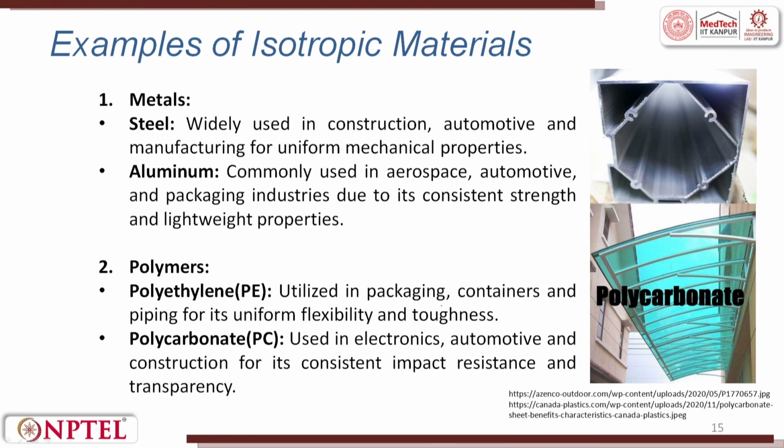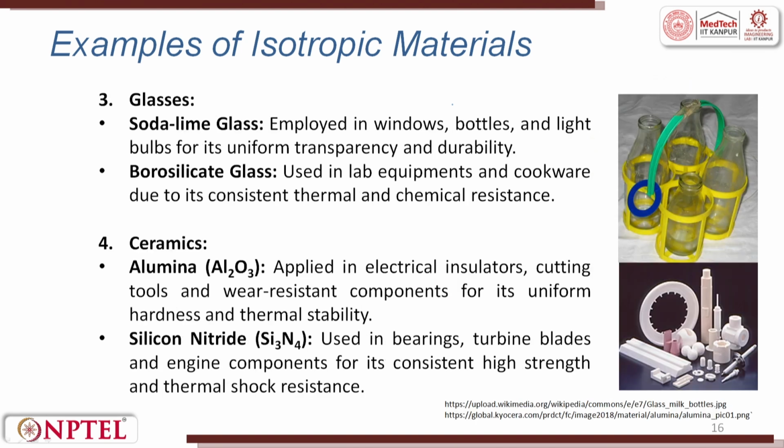Polyethylene is used for packaging, containers and piping for its uniform flexibility and toughness. Polycarbonate is extensively used in electronics, automotive and construction for its consistent impact resistance and transparency.